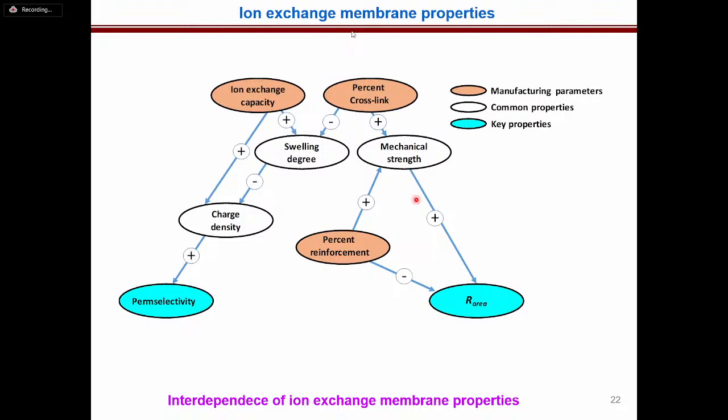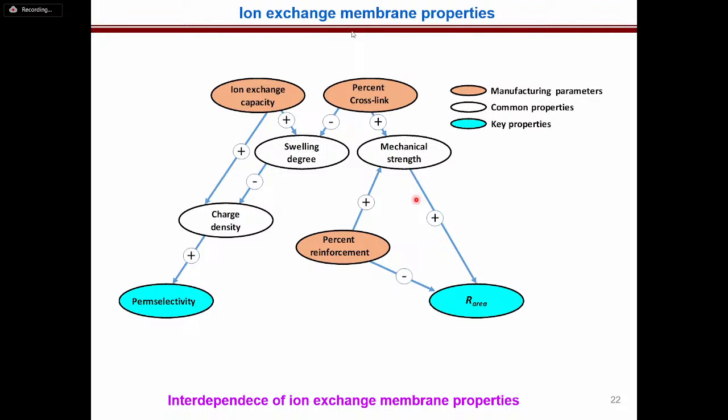At least for our purpose, the two most important parameters, the perm selectivity and resistance, are very difficult to improve together. It is very difficult to make a membrane with a very high perm selectivity and very low resistance. So in principle, that is where the challenge is.